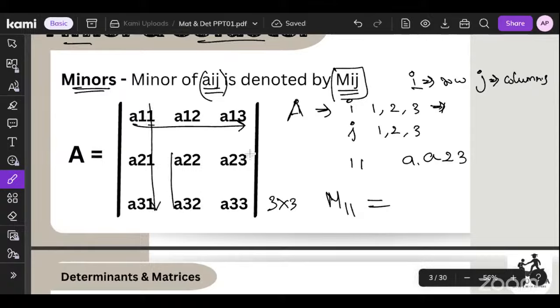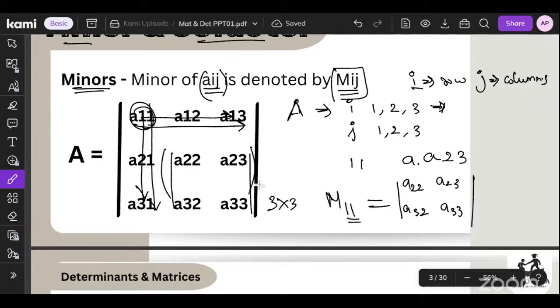The remaining matrix is the minor of 1 1. What we need to write is a22, a23, a32, a33. This is the minor M11. You need to take that value and delete the row and the column where it is placed, and write the remaining elements in a matrix, and the determinant of this is the M11. Okay, is it clear?